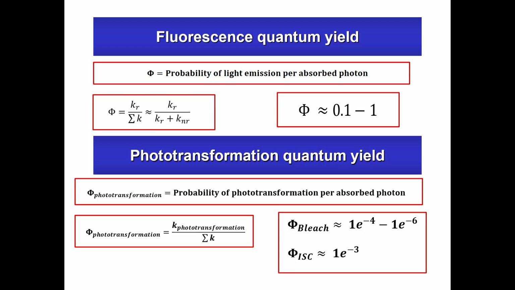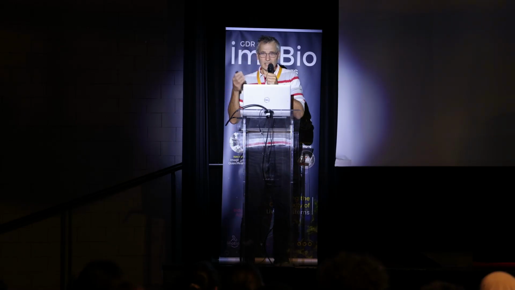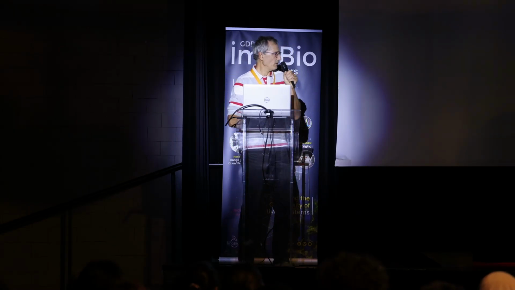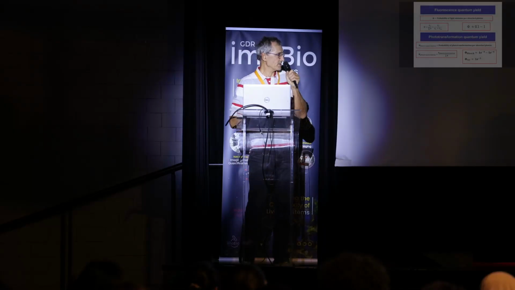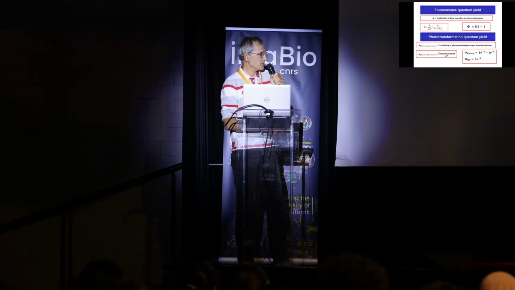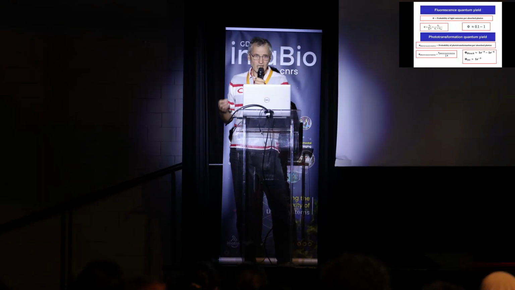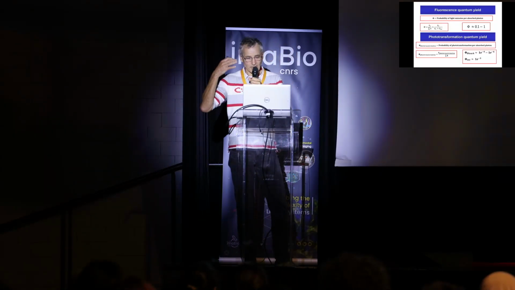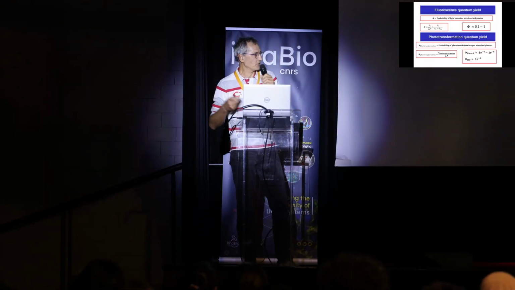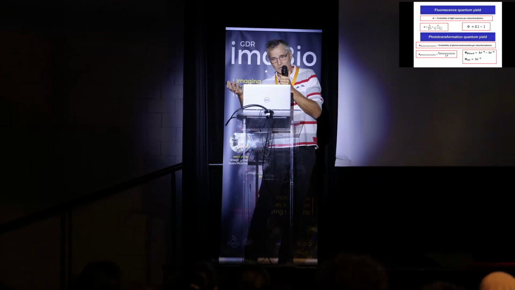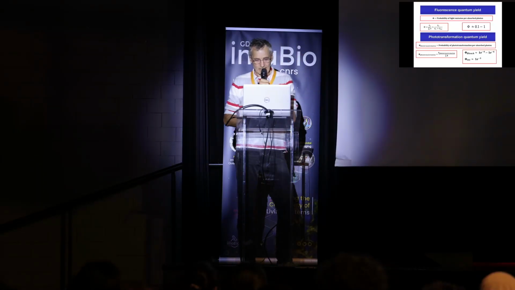As a few examples, intersystem crossing, so triplet state production, typically would correspond to a yield of 10 to the minus 3, whereas bleaching would maybe correspond to 10 to the minus 5 or so. So you would need, for example, on average, 100,000 photons before your fluorophore would die.